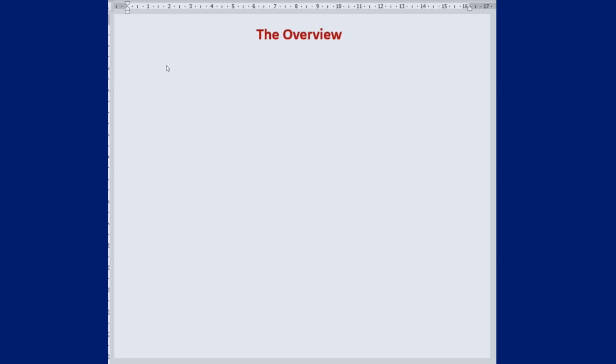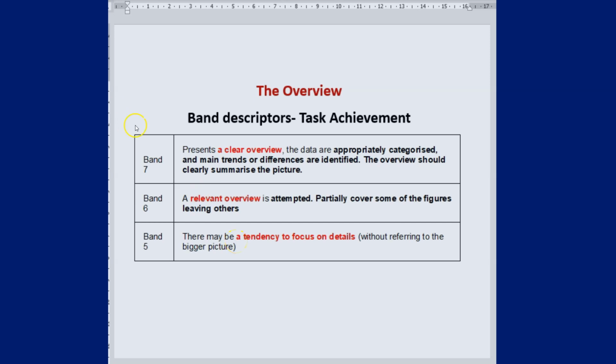If you want to get a band 7 and above in your overview, you have to present a very clear overview to reach that particular band score. So let's look at the task achievement band descriptors and see how important a clear overview in the IELTS Academic Writing Task 1 is. All right, let's start from band 7. We look at band 7, it tells us that the essay will present a clear overview.